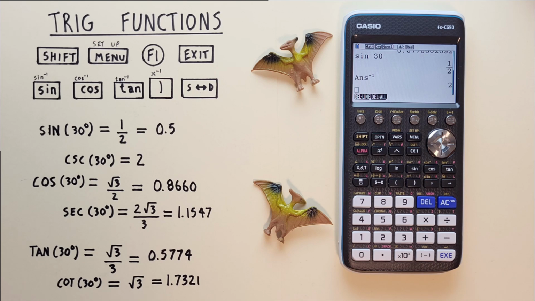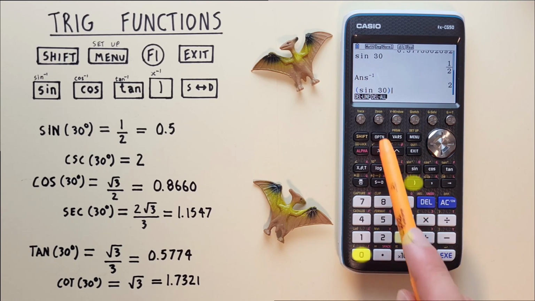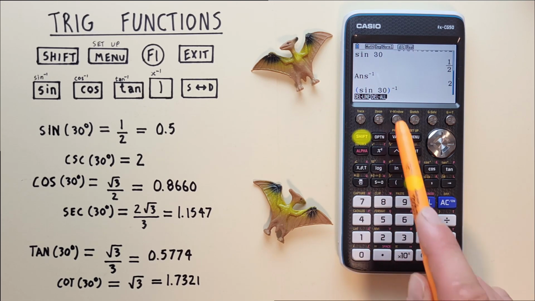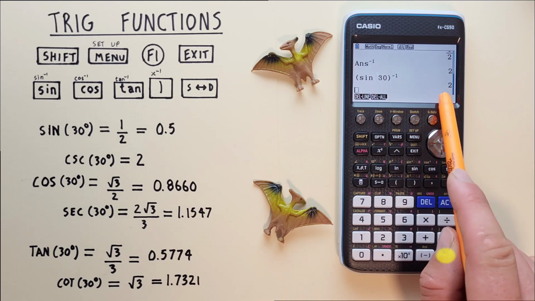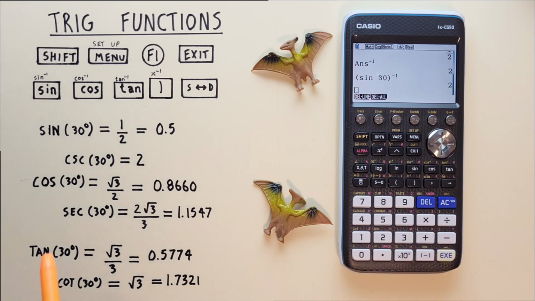If we want to get this all in one step, we can use the brackets. So we go bracket, sine 30, close our bracket, and then inverse, and that takes us straight to the 2 result. So for secant, we use cos.